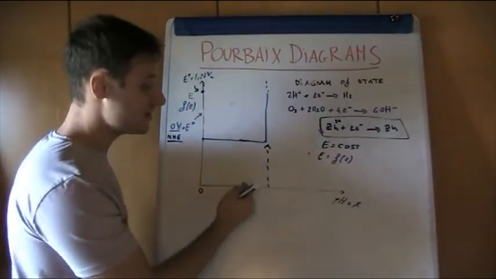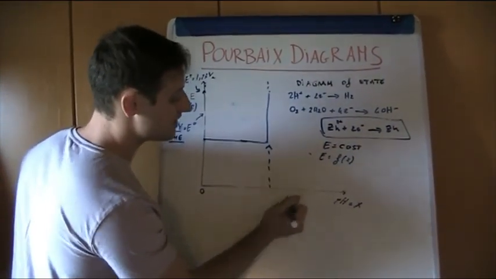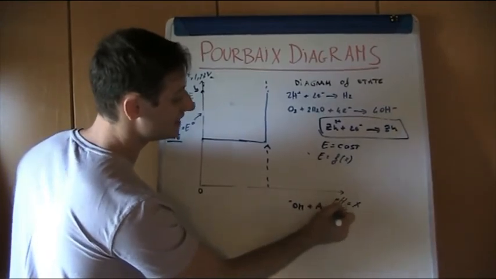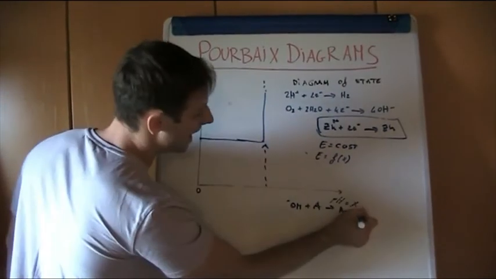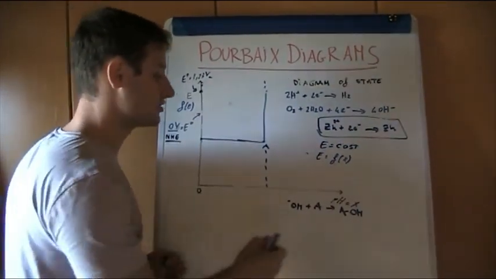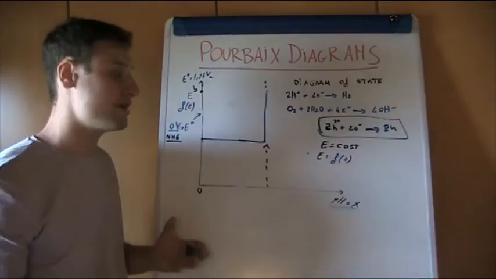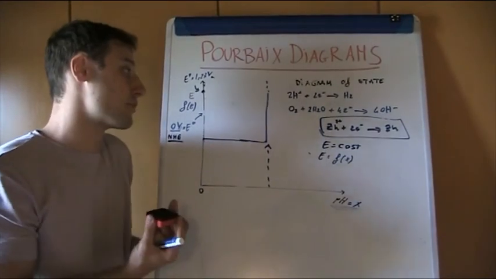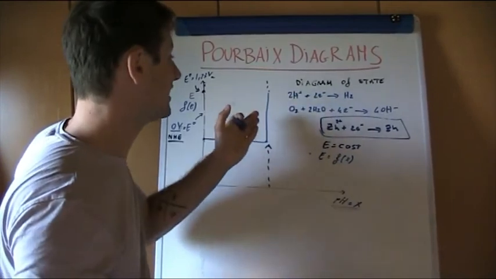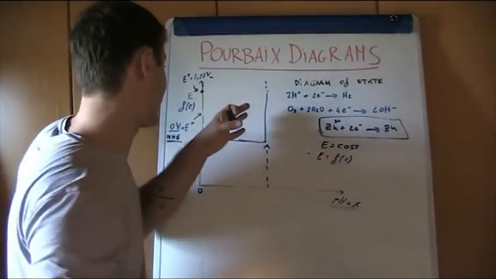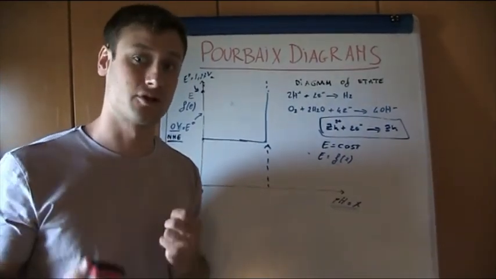Maybe when we increase the pH more and more, we increase the amount of OH minus that can react with a certain species, leading to a certain product, maybe an oxide or a hydroxide. In this case, we are not looking at a redox reaction, just a reaction involving a proton exchange. When we have a vertical line, this is obvious, there is no meaning of potential because we are not looking at a real redox reaction.